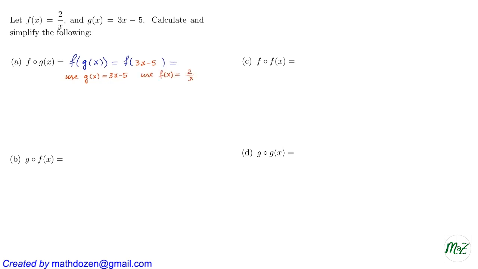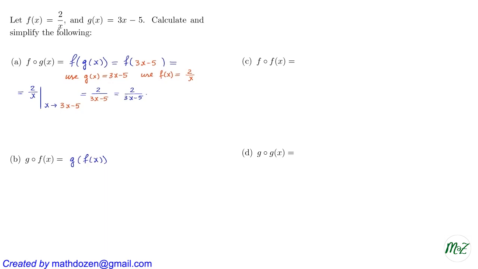And so now the formula for f of x is 2 over x. So this f applied to 3x minus 5 is the same as 2 over x, with x replaced by 3x minus 5. So we end up with 2 over 3x minus 5. And in all blue color, that's the same 2 over 3x minus 5. So that's the first composition.